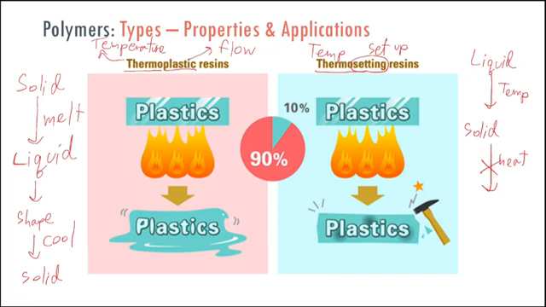So its behavior looks like it can be set up or hardened with the temperature. That's why it's called thermosetting. In the polymer world, the thermoplastic is about 90%, whereas 10% belongs to the thermosetting.